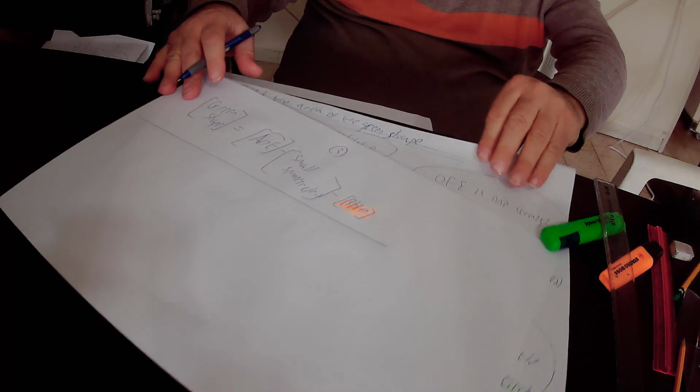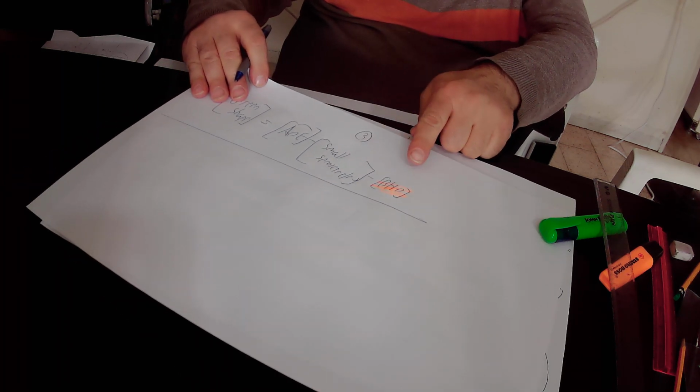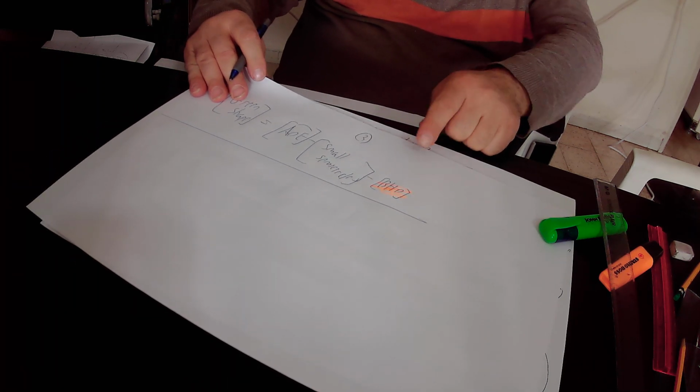Again, the area of the green shape equals the area of the big sector AOE minus the area of the small semicircle minus the area of the orange shape BHO.